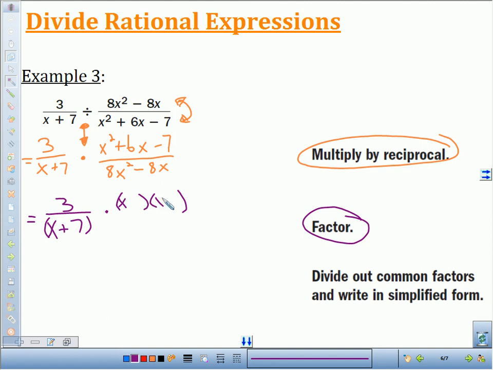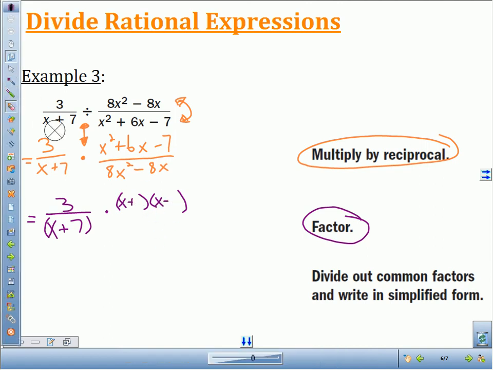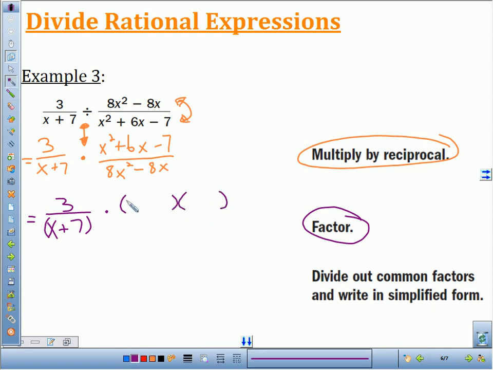The last term is negative, so we have 1 plus and 1 minus. I want to give myself plenty of room to write. We have x and x. We have 1 plus and 1 minus because of negative 7. And it looks like the numbers we want would be positive 7 and negative 1. Would add up to 6x.